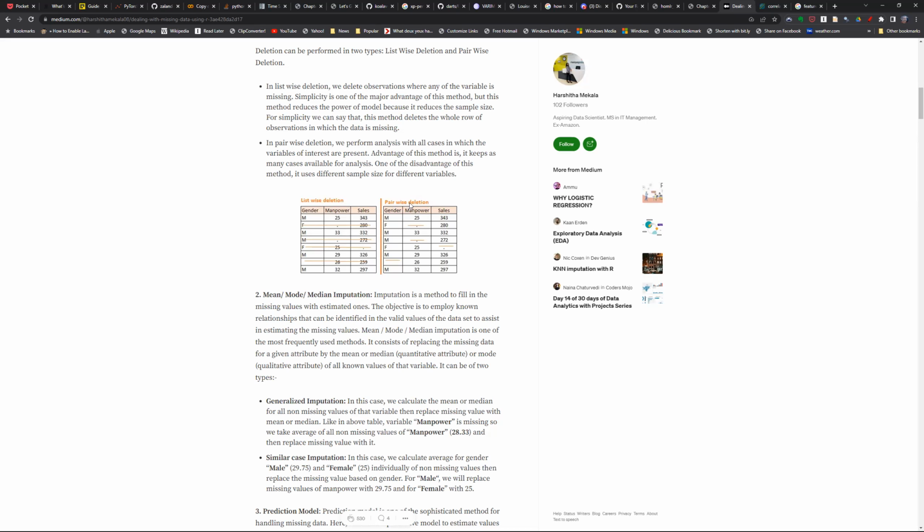But in the pairwise, what we're doing really is focusing on these missing values and then selecting certain variables for statistical analysis. So let's say that you want to see if there's a change in sales compared to gender.